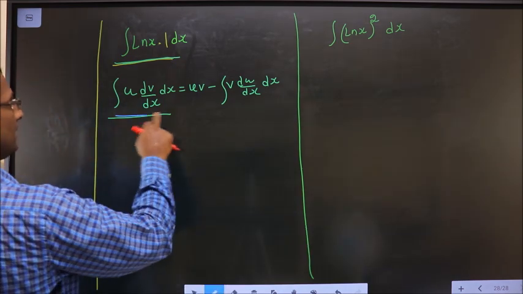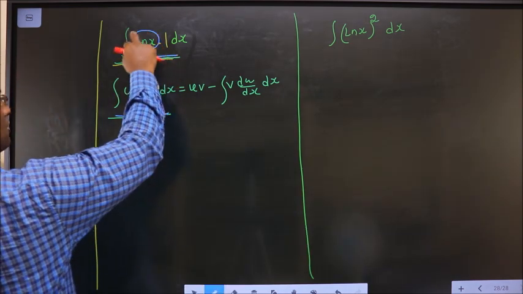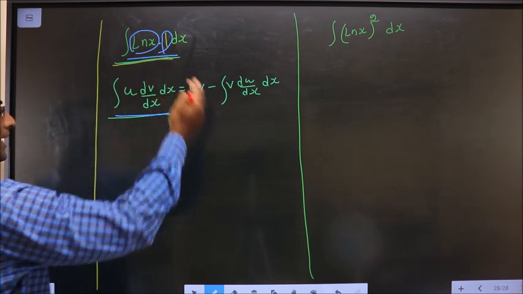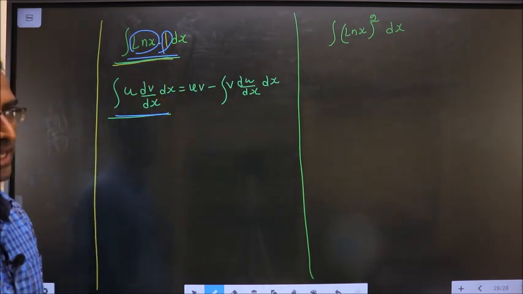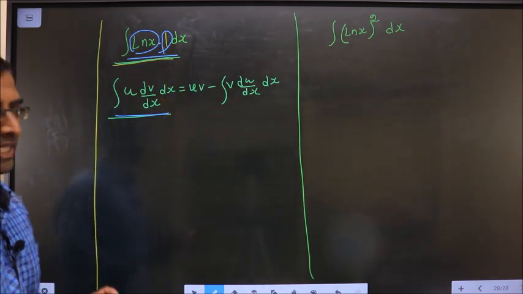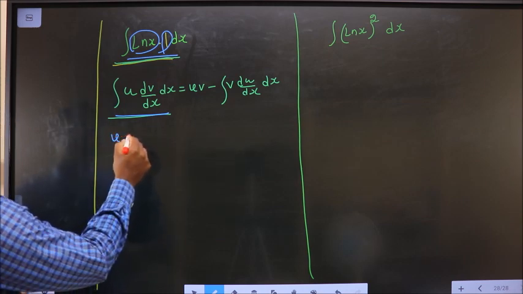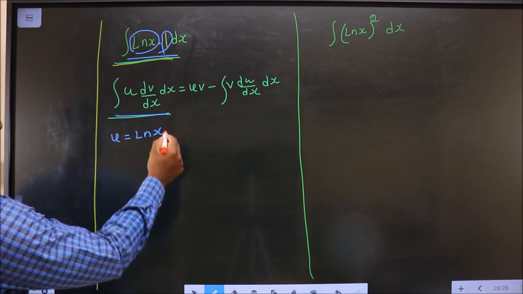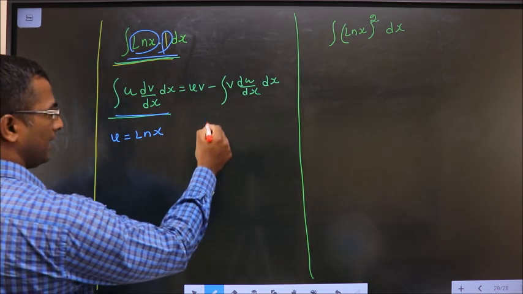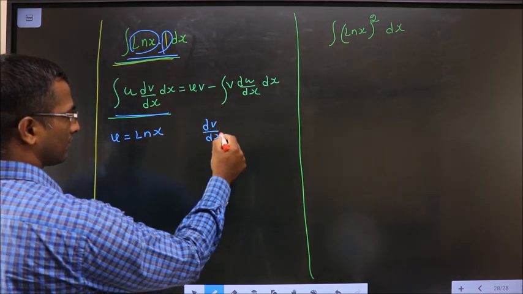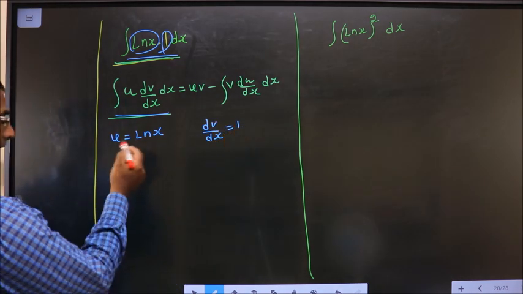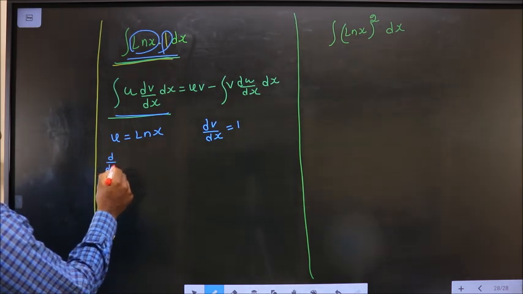When I equate these two, one of it should be taken for u and another one should be taken for dv by dx. It's obvious you take u to be ln x, okay, and dv by dx to be 1. After that, take d by dx on both sides.